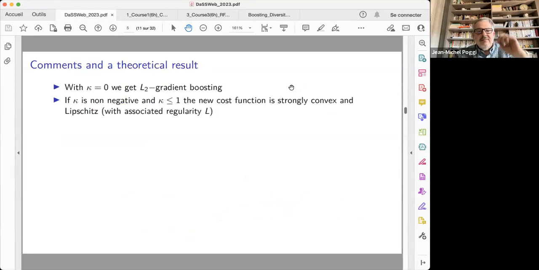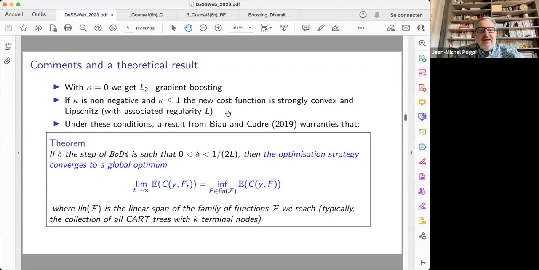You can, in a very easy way, have a first result about some kind of theoretical guarantee: if kappa is non-negative and kappa is less than 1, then the new cost function is strongly convex and Lipschitz, and in fact you can use a very general result of a beautiful paper written by Biau and Cadre about gradient boosting in a very, very abstract framework.